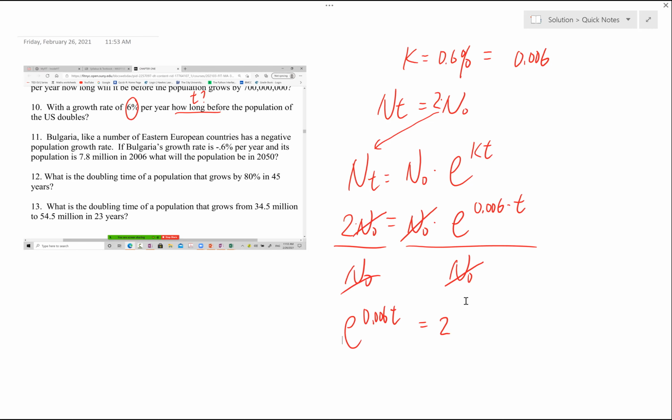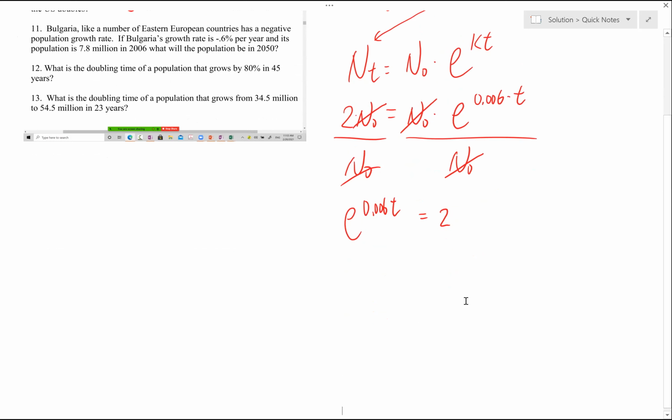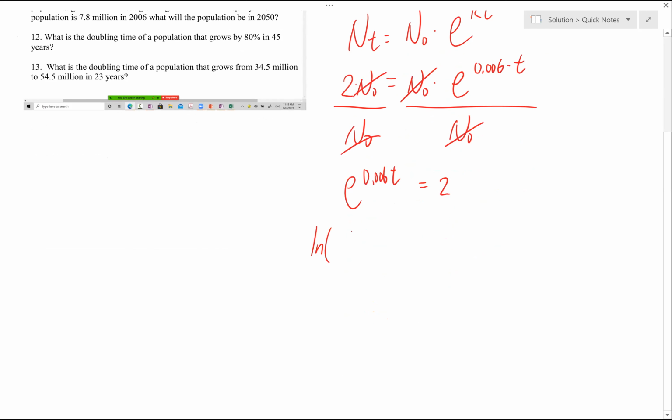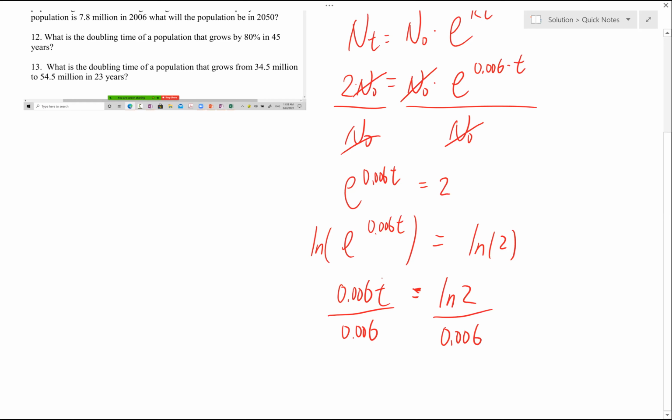And from there, we take ln of both sides of the equation. ln and e offset each other, so we get 0.006 t equals ln of 2. Now, one more time, we divide the coefficient from both sides of the equation. So dividing 0.006 from both sides, then we get t by itself.